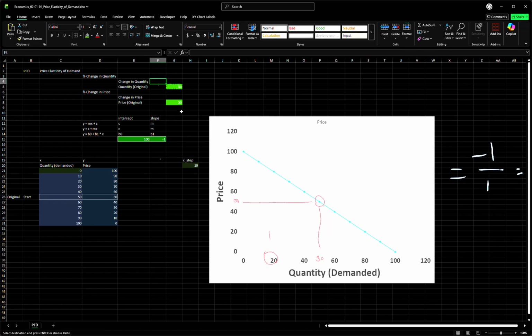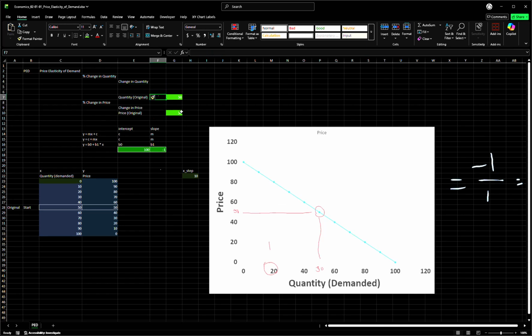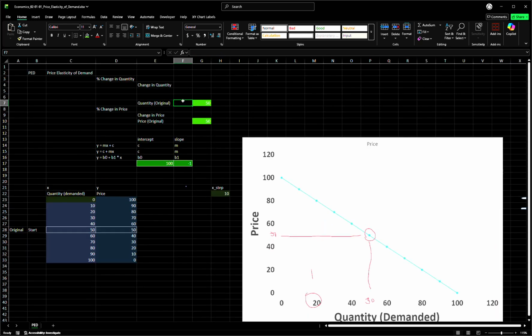No, no, no. Okay, I just have to delete all the other. Quantity demanded, the change in quantity is now plus 20, because we're moving from this point to this point, going from here to here on the demand curve. So we have calculated the change in quantity, right?